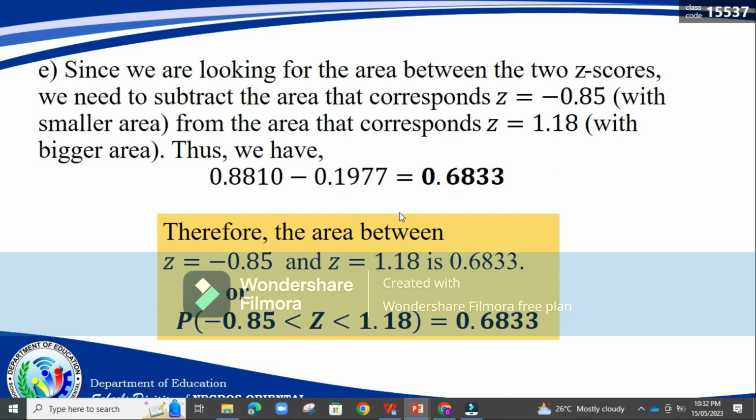Therefore, the area between Z is equal to negative 0.85 and Z is equal to 1.18 is 0.6833, or the probability of the Z-score being greater than negative 0.85 but less than 1.18 is equal to 0.6833.